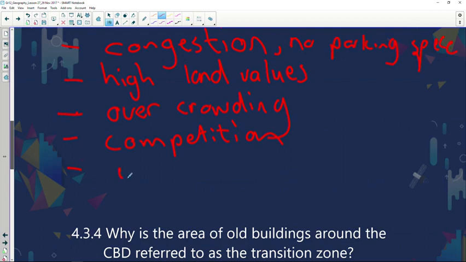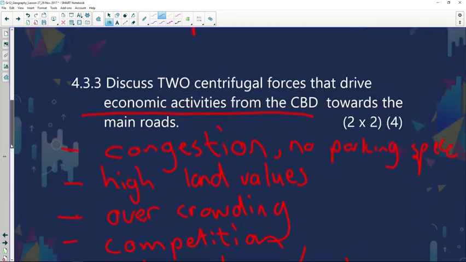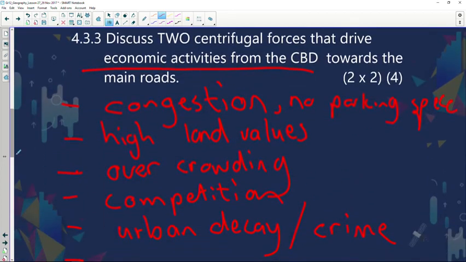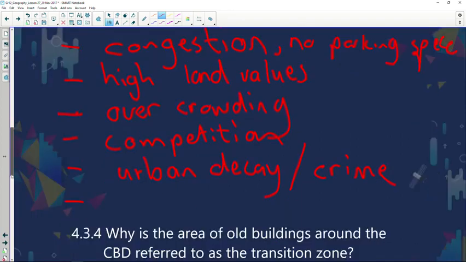And because of urban decay taking place. We've seen it in Johannesburg. There's still areas in Johannesburg that don't look very nice. For instance, Hillbrow and Yeoville, and we can mention with the urban decay, the crime that exists in the area as well. So that's quite a few reasons that you can mention why people want to decentralize themselves from the CBD.